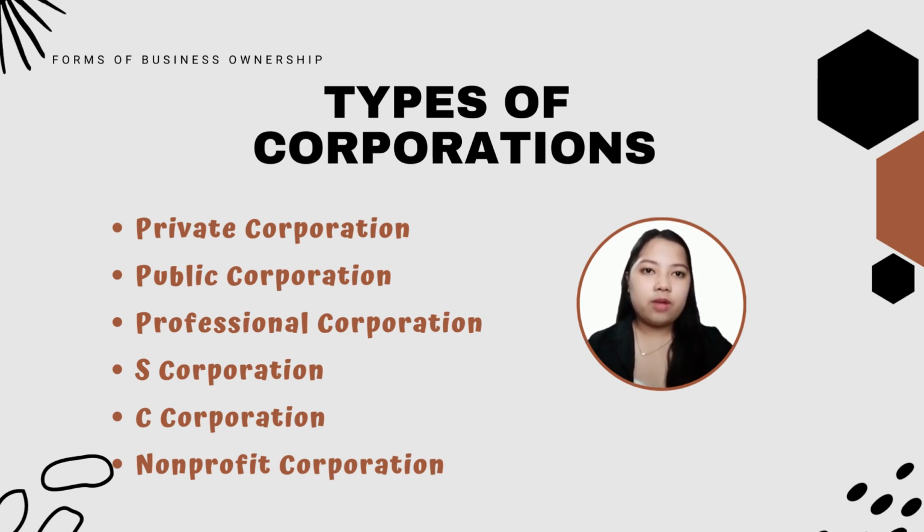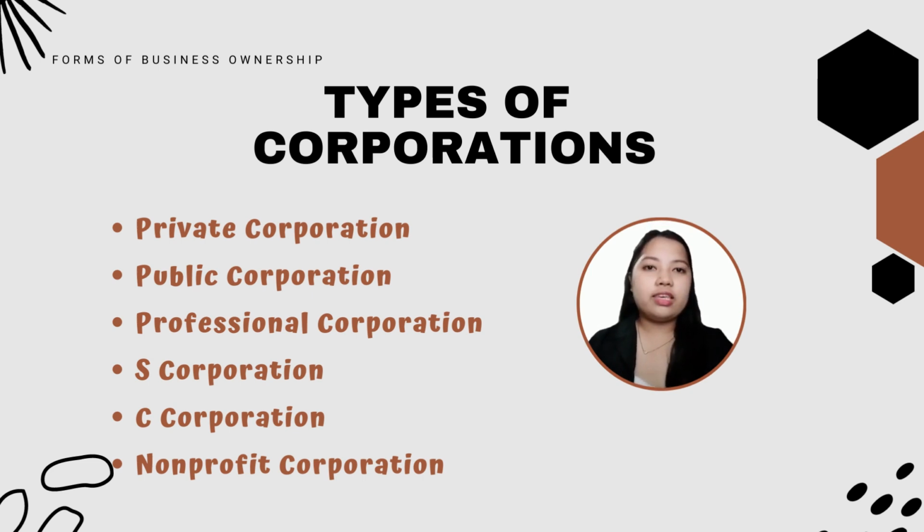Third type is the professional corporation. A professional corporation is a variation of the corporate form available to entrepreneurs who provide professional services. An example of this are the lawyers, doctors, accountants, consultants, and architects.